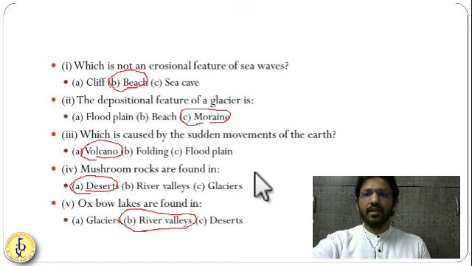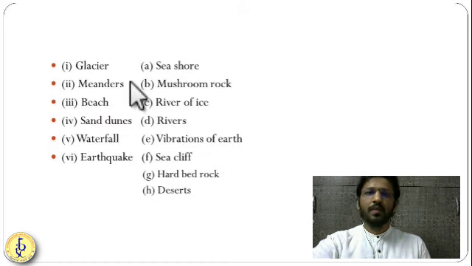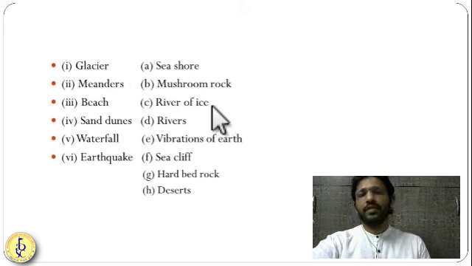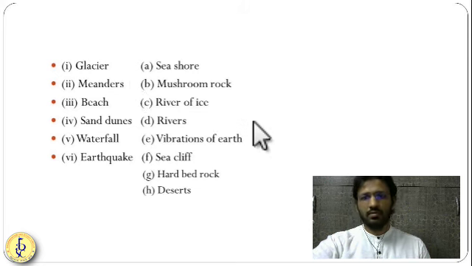Then next we have a match the following type of question, which can be considered as one of your MCQs. So glacier: yes, river of ice. Meanders, what is the answer? Yes, rivers. Beach is a result of, yes, seashore.